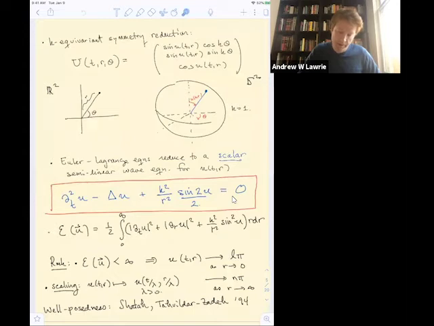So this is a radially symmetric function, and the map has only this type of constant angular dependence in theta. If I impose this ansatz, the Euler-Lagrange equation, or the wave map equation, reduces to just a scalar semi-linear wave equation for u of t, r, this polar angle of the sphere.